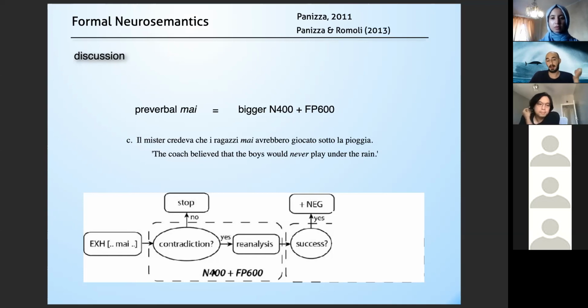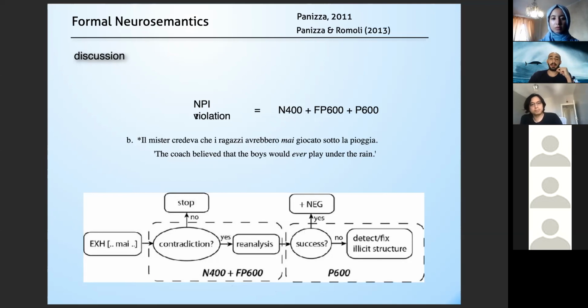And maybe the N400 is related to the contradiction, which happens first, and the reanalysis is indexed by the frontal P600, as it has been found in other studies, where you had some sort of syntactically or discourse-triggered reanalysis, okay? So the outcome of this reanalysis is to add a negation, success, you're fine.